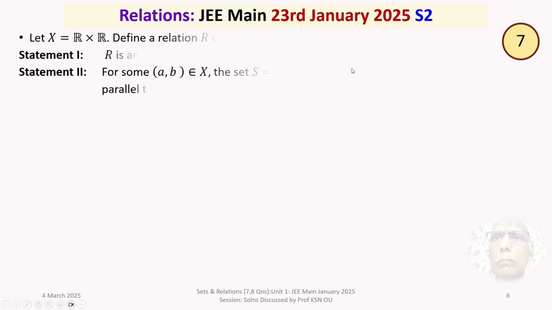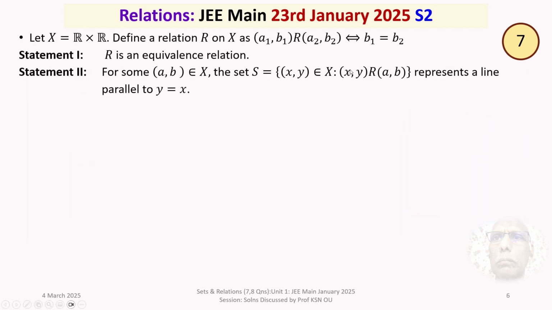Let's now discuss the solution of the problem in detail. We have X is R cross R, the Cartesian product of R with R. So the set of all ordered pairs X, Y where X belongs to R, Y belongs to R, that is capital X, where capital R is the set of real numbers.